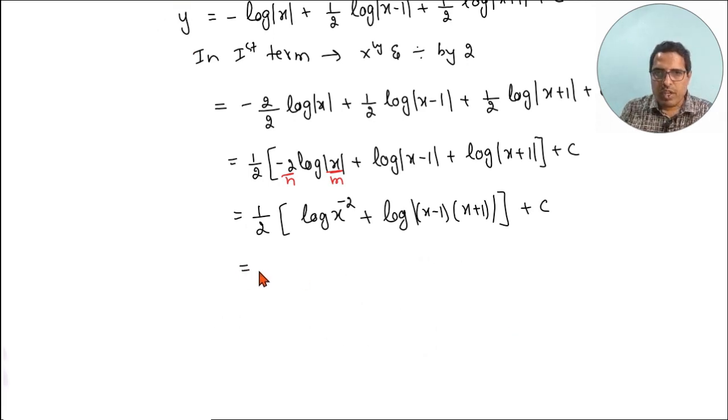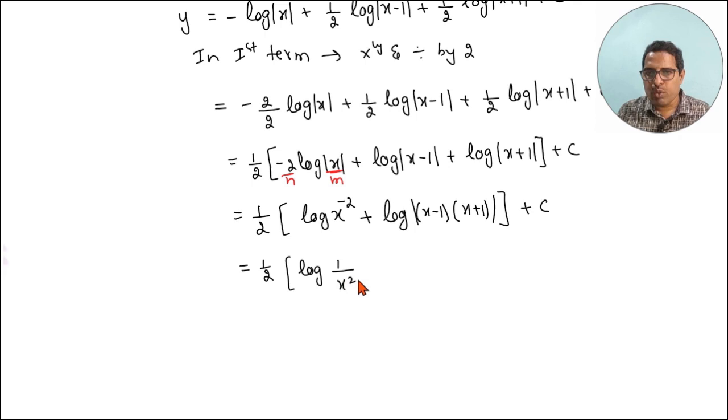This can be further written as 1 by 2. It is log of x power of minus 2 can be written as 1 by x square, and mod is there, so it is mod of 1 by x square plus log of mod. It is in the form of a minus b into a plus b, which will be a square minus b square form, plus the constant c.